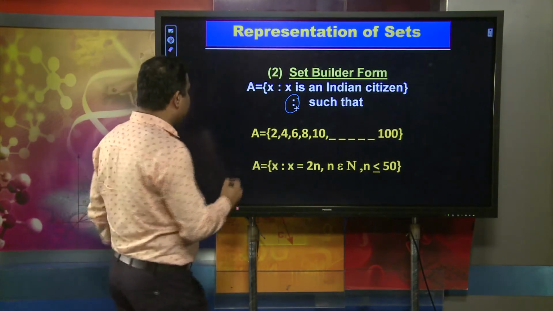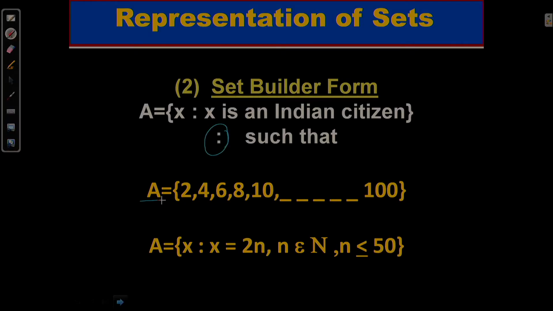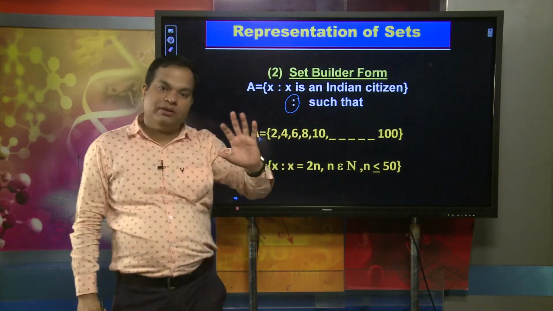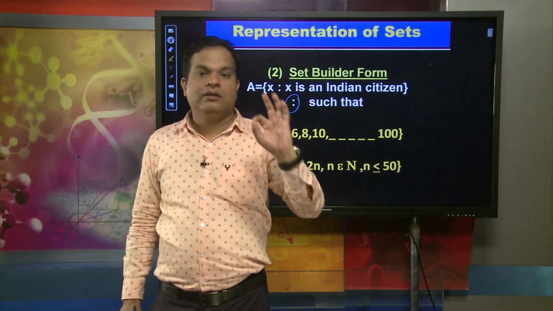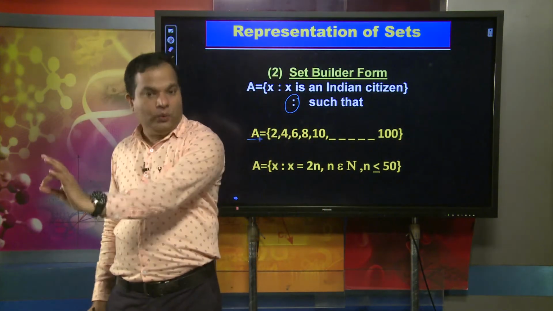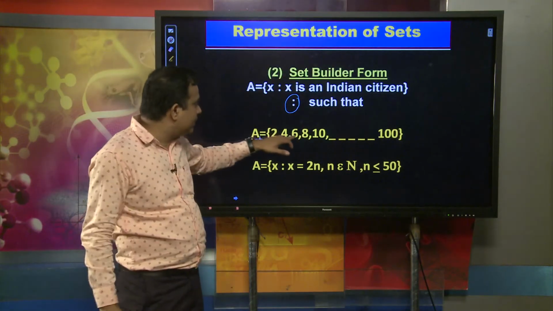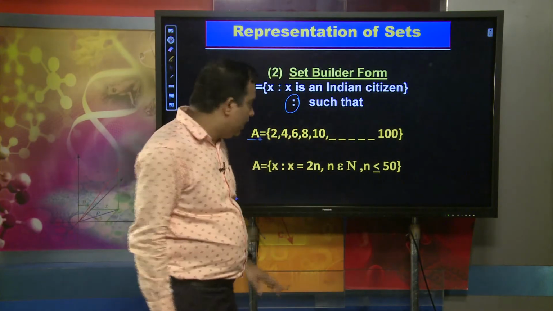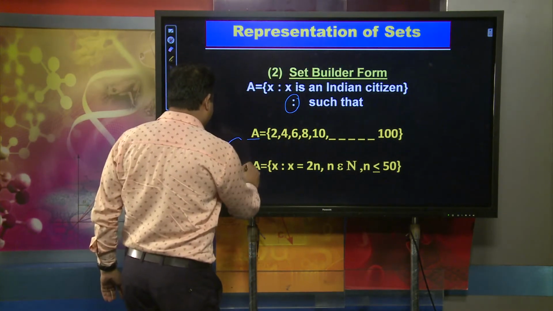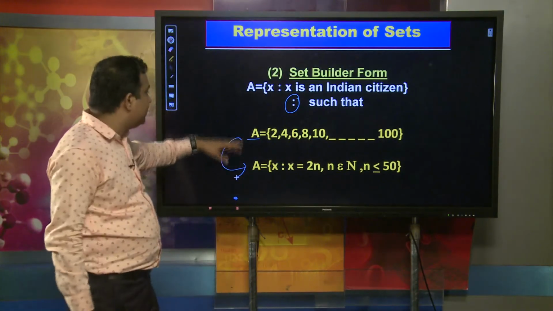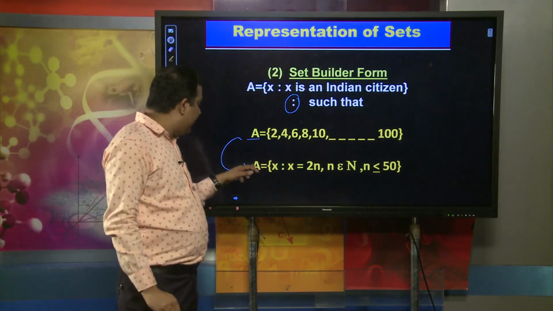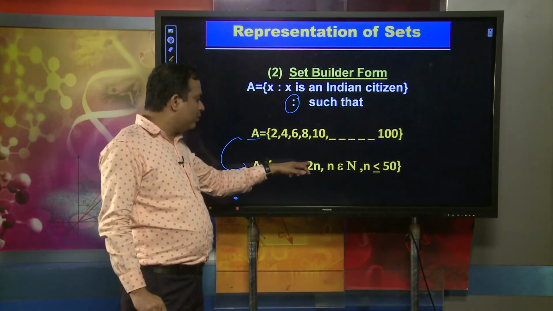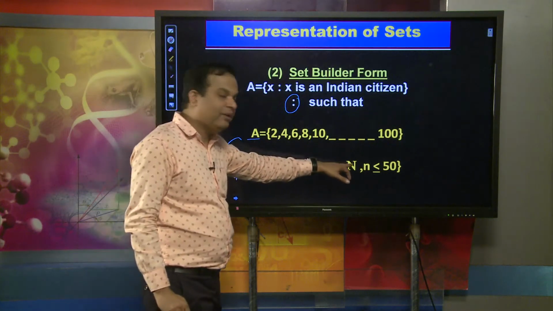For example, suppose A is the set of even numbers up to 100. You know even numbers are those numbers which are divisible by 2. So, 2, 4, 6, 8, 10, then 12, 14, 16, dot, up to 100. The same thing I can write in set builder form: A equals X such that X equals 2n, and n is an element of N, meaning natural number.